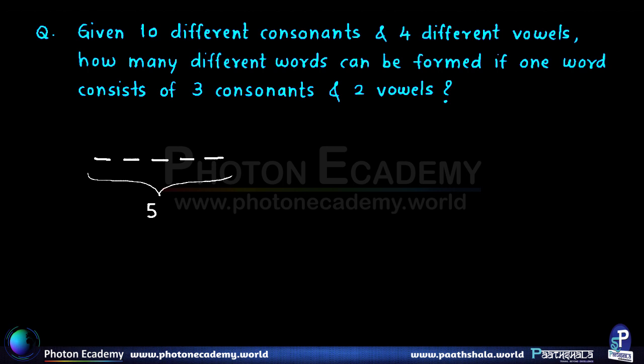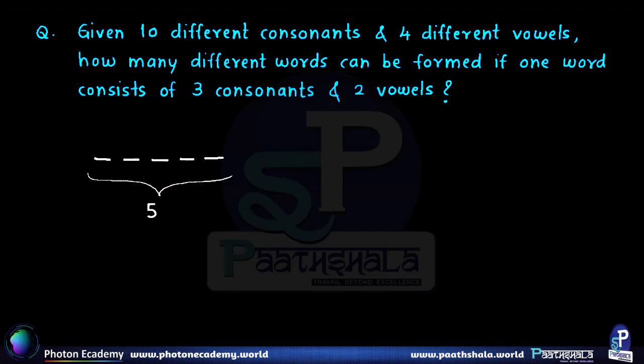But if we see, the 3 consonants are to be taken from 10 consonants. So out of the 10 consonants, we have to take 3 consonants. So that means the first step is to select the 3 consonants out of 10 consonants, which can be done in 10C3 ways.